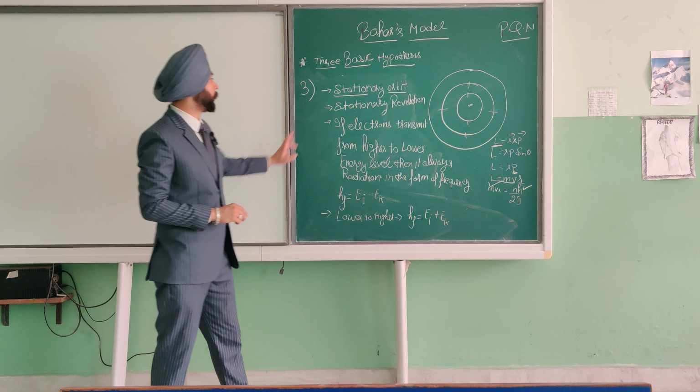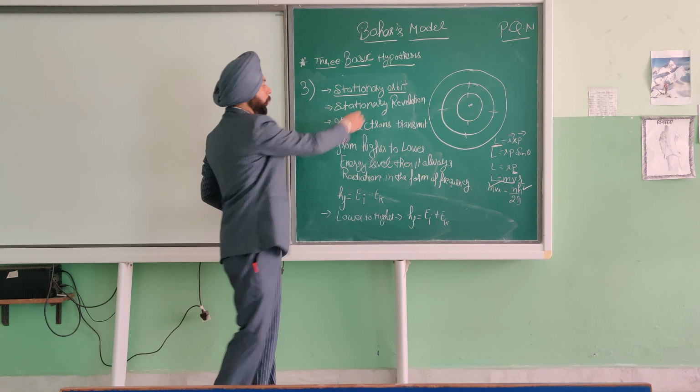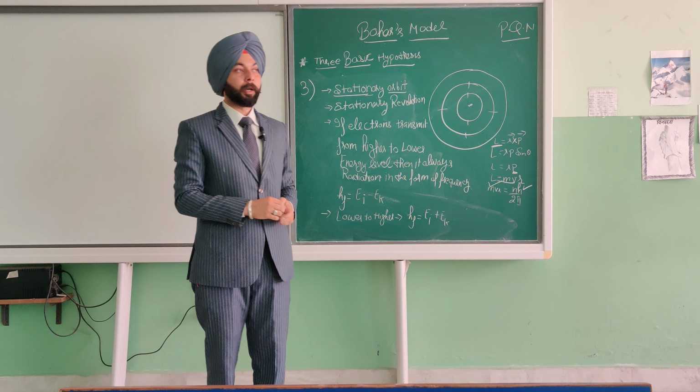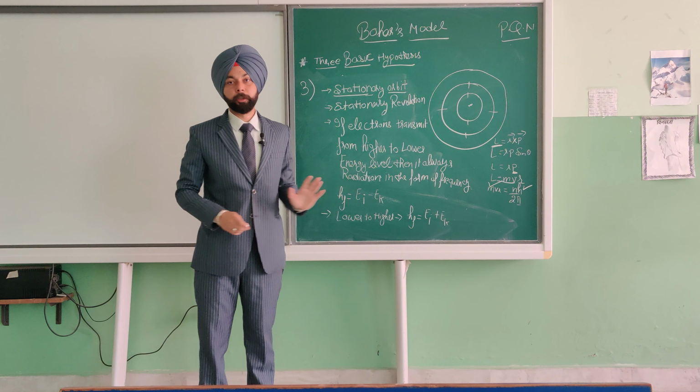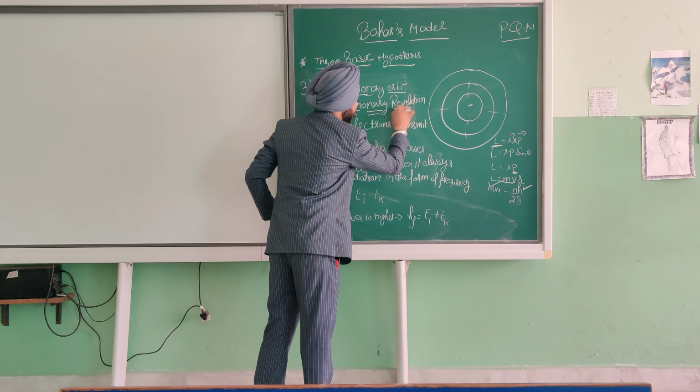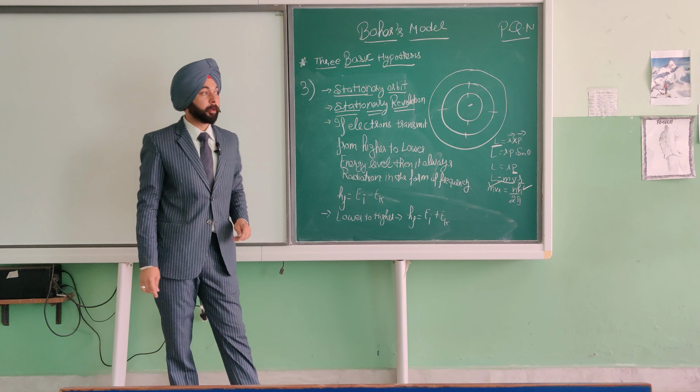The third hypothesis is the stationary orbit, the orbit in which electrons revolve without emitting energy, and the revolution of the electron is a stationary revolution.